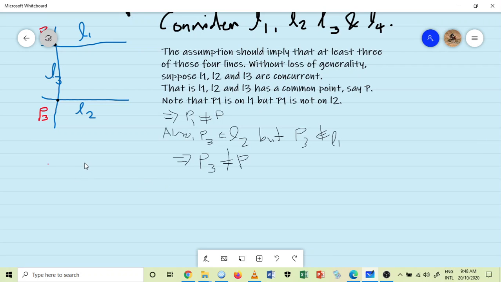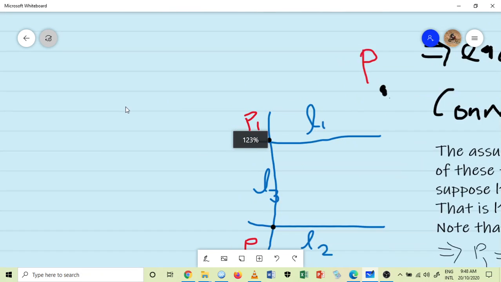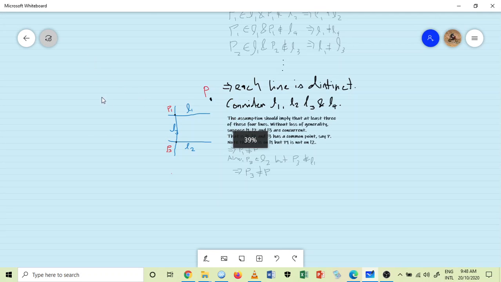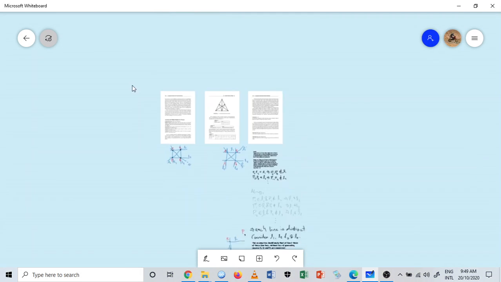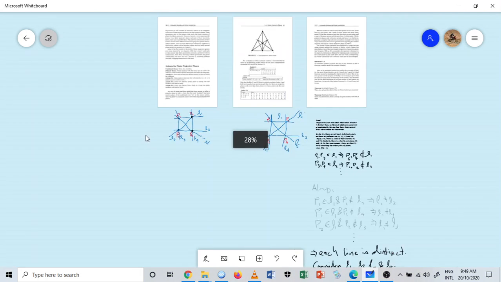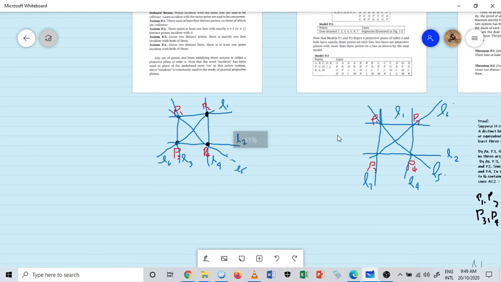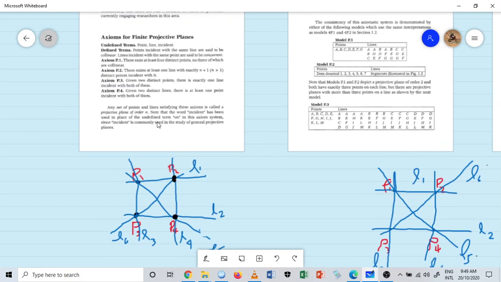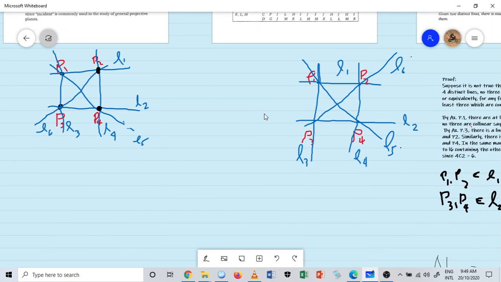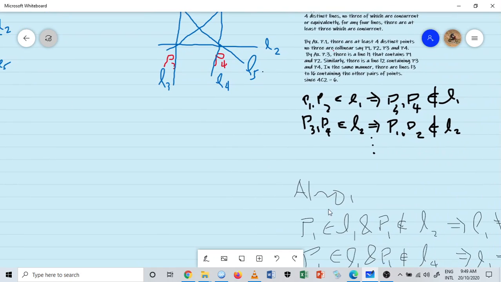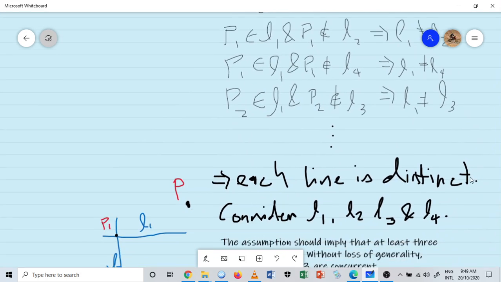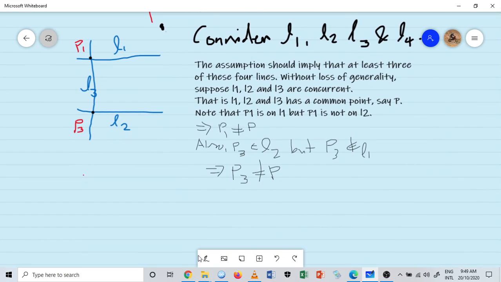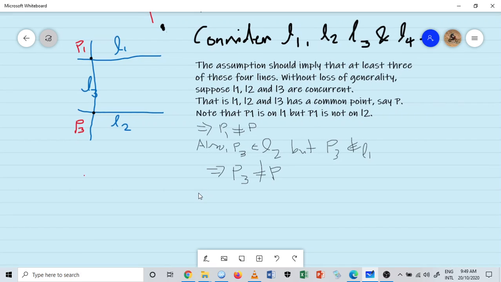So by one of the axioms, what axiom is that? Axiom P.3: every two distinct points are contained by exactly one line. So we see here that P3 and P are distinct.